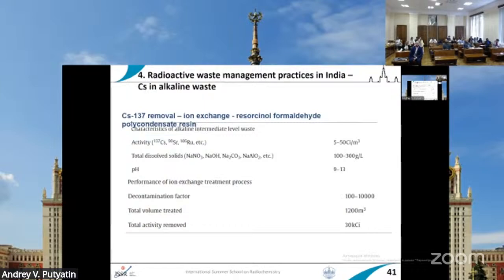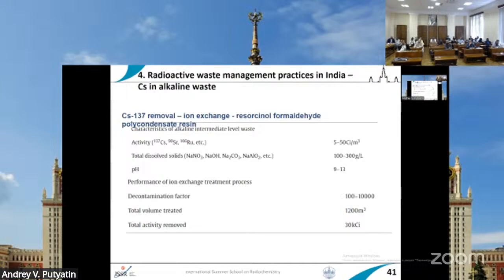And this is an example from India. This is also a process for removal of cesium-137, and for this purpose ion exchange, chromatography, is used. This is a very large-scale process, because you can see the total activity that was removed by this resin.